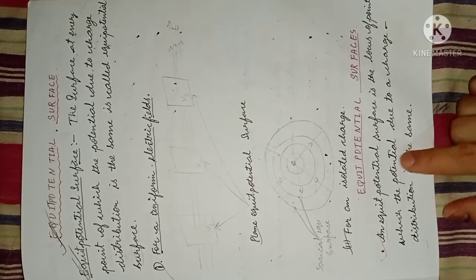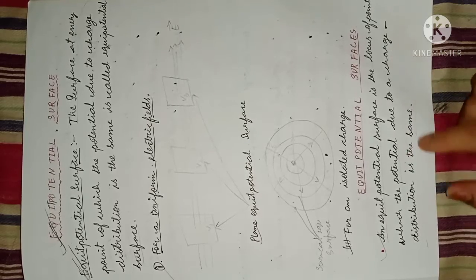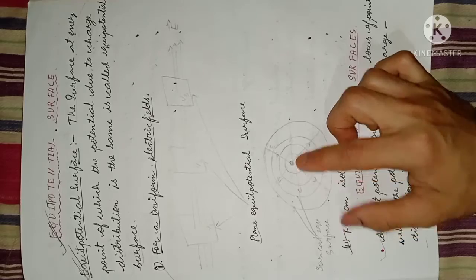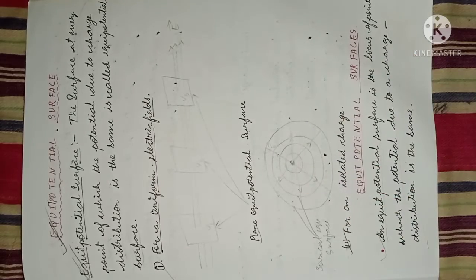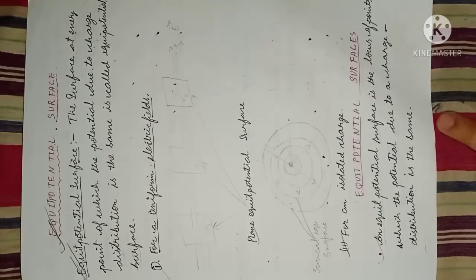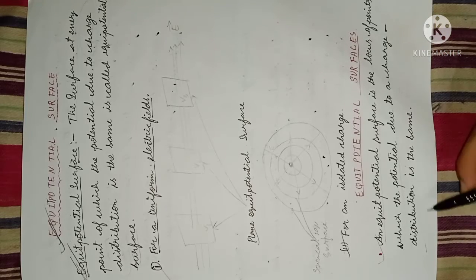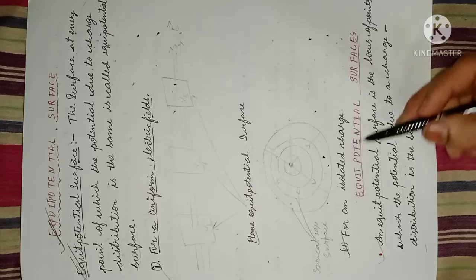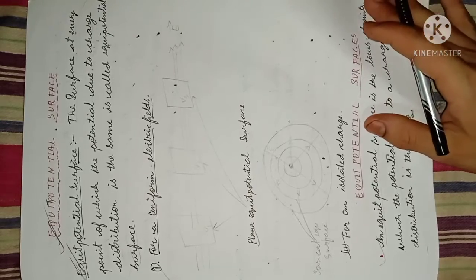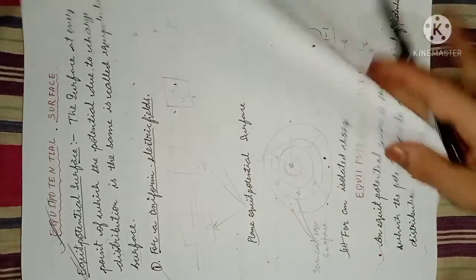That means the potential due to charge distribution is the same on an equipotential surface. This is the definition of equipotential surface. You can note down any one.